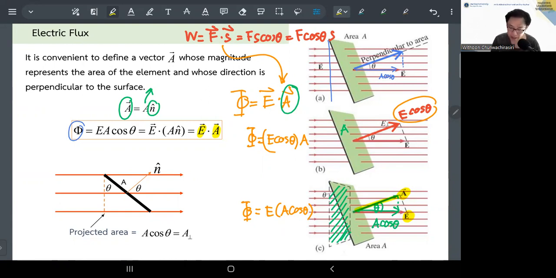All right. But because the way that we define the area vector is perpendicular to the actual piece of area, that means if E is parallel to the A, it's a guarantee that E is pointing perpendicular to the area. That's what we want for the flux calculation. Cool? All right, so that's what we did last time about flux.